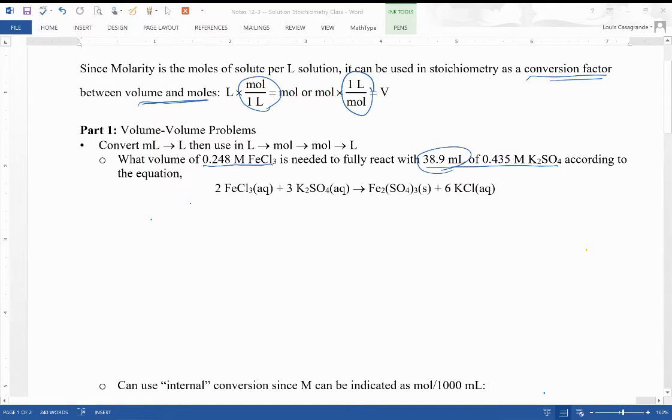The first thing we need to do with volume, of course, is convert the volume into liters. So 38.9 milliliters and 1 liter divided by 1,000 milliliters gives us 0.0389 liters.